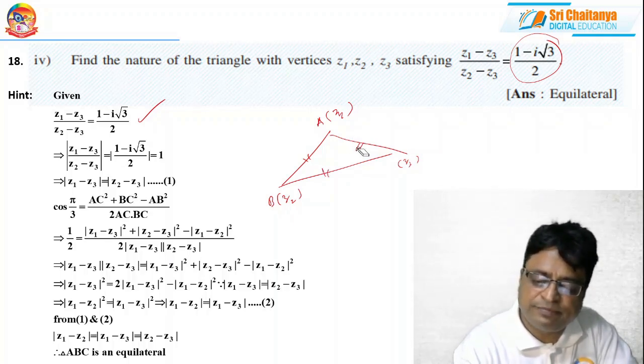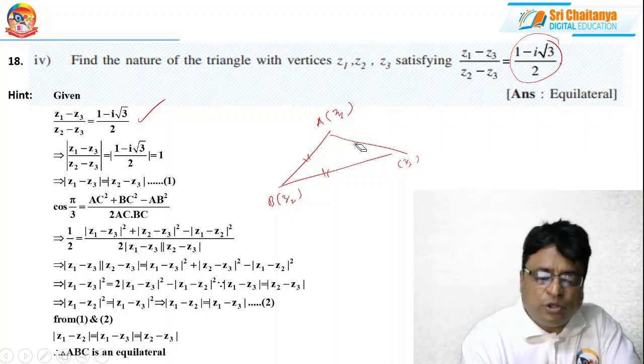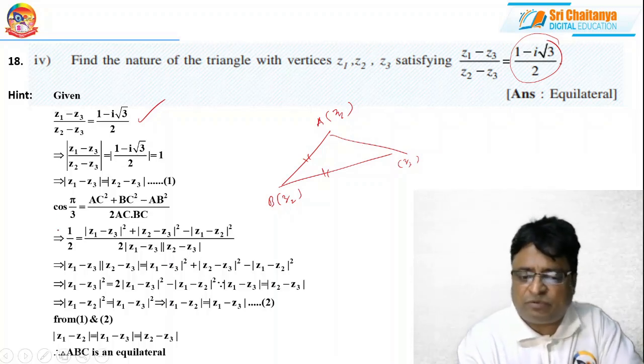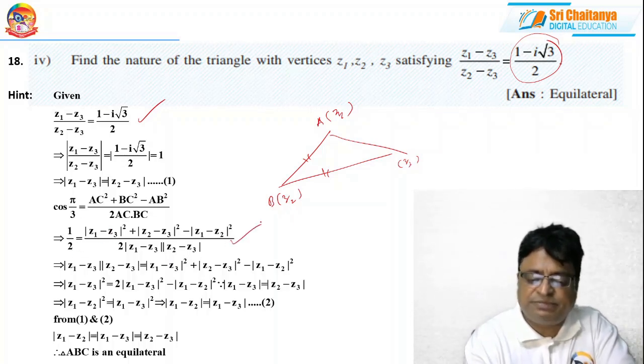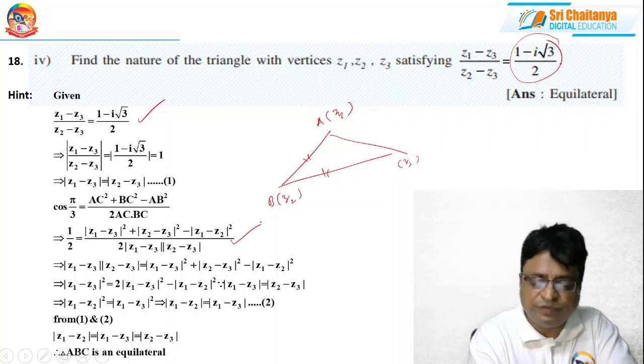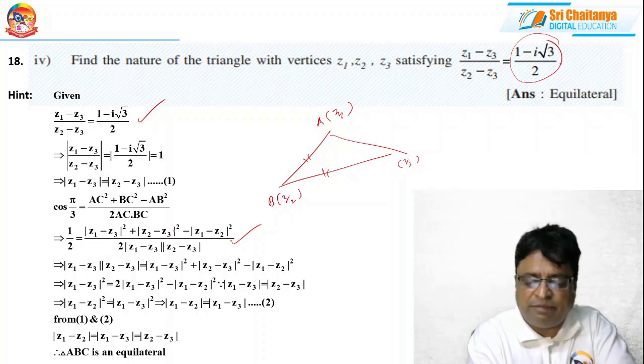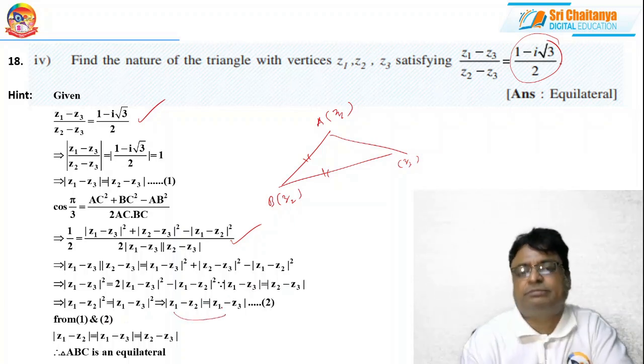Say for example. Okay. So what is cos pi by 3? Cos pi by 3 is equal to what? 1 by 2. That is equal to this. I can get it. So with this, what I am doing is, after squaring and simplification and by using equation 1, I got the remaining two sides are also equal.